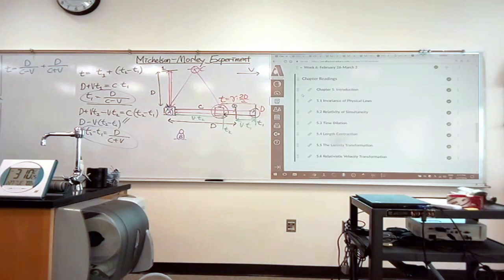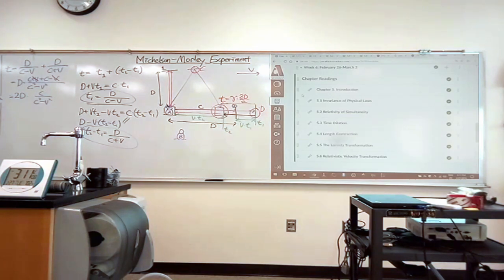When you combine the fractions, you get the product of these two, c squared minus v squared, like you saw before. Let me factor out d times (c plus v) plus (c minus v). The v's cancel out like before. I have 2c. So this is equal to 2d times c over c squared minus v squared.